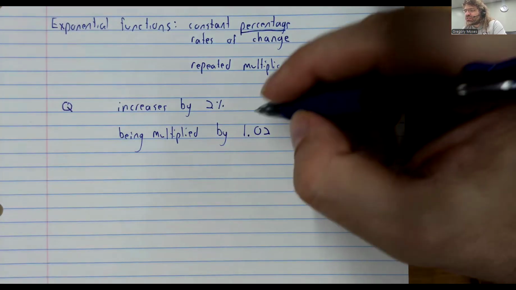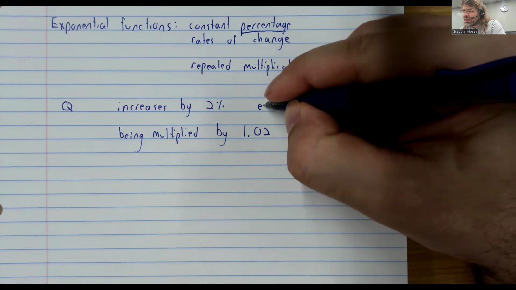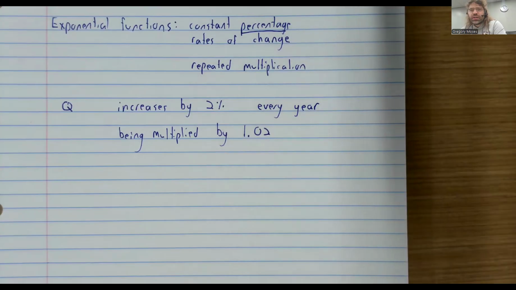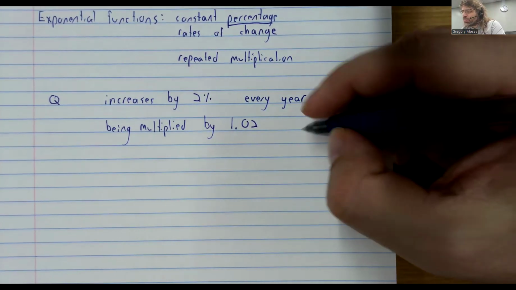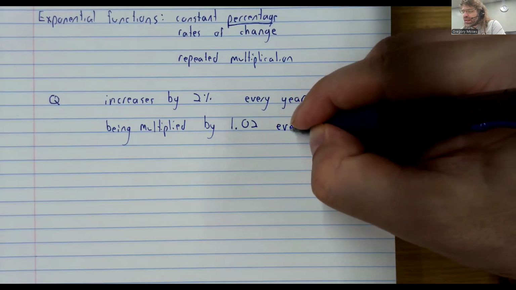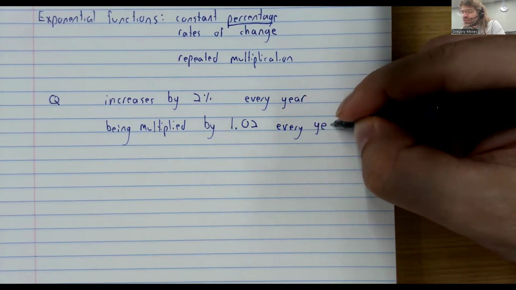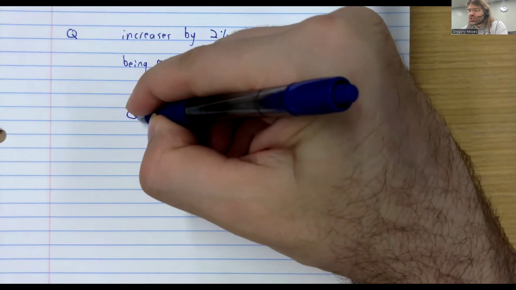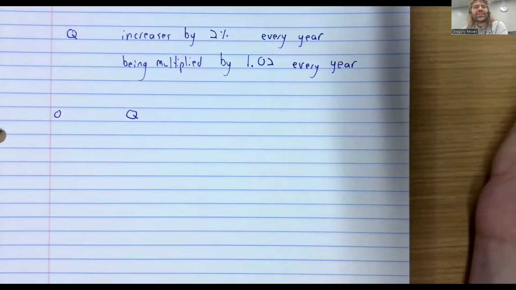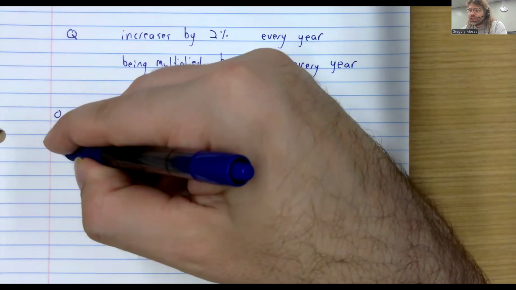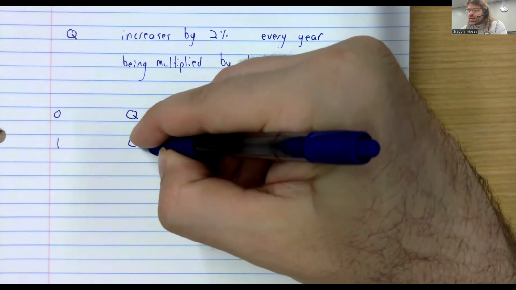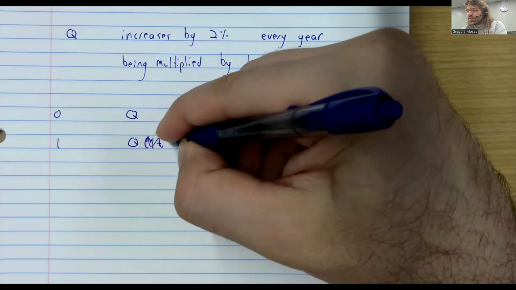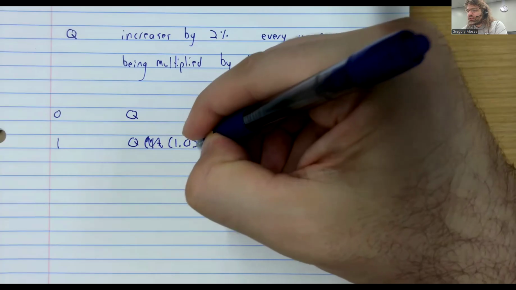So let's say this increases by 2% every year. Then it's multiplied by 1.02 every year. So we start with a quantity Q. Let's call that year 0. After 1 year, we have Q times 1.02.